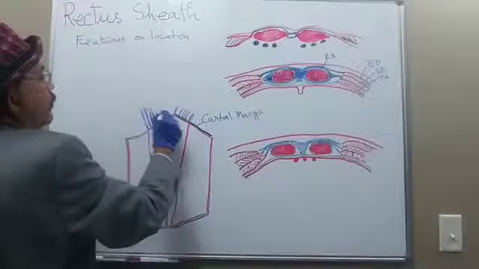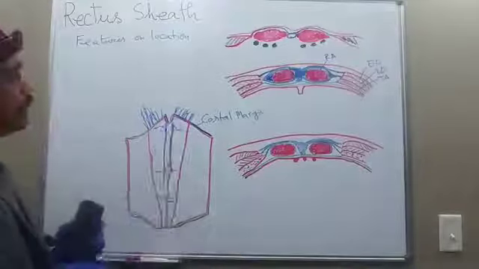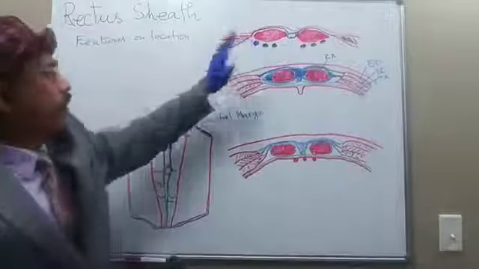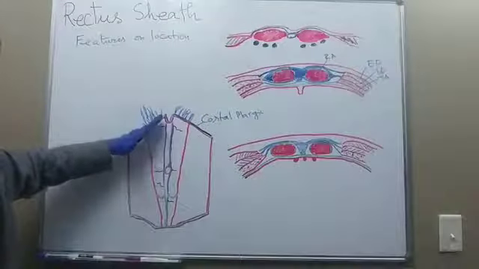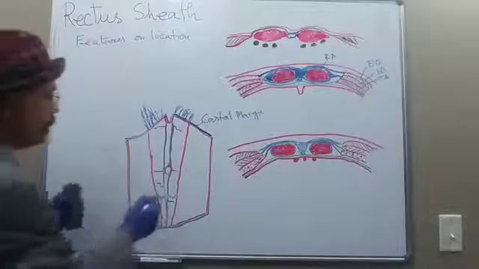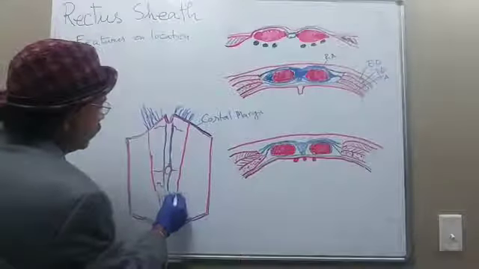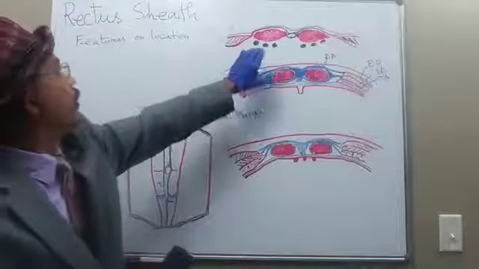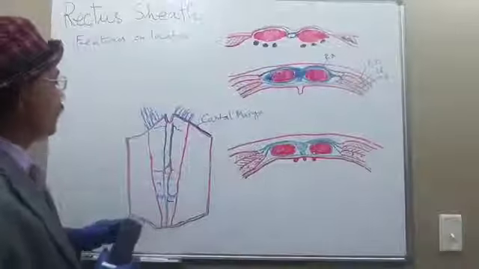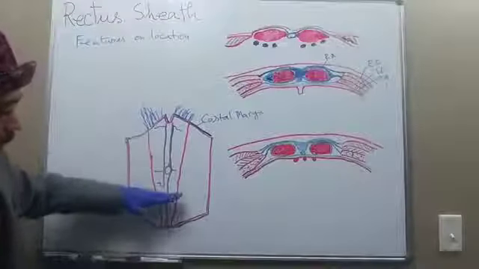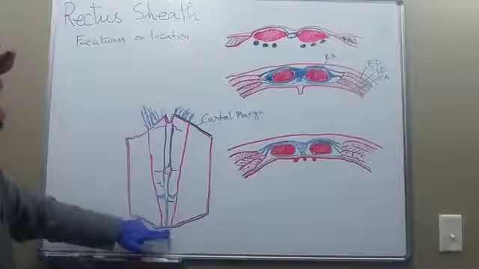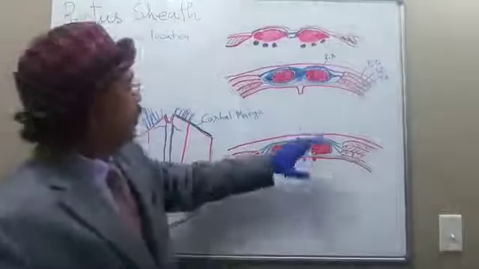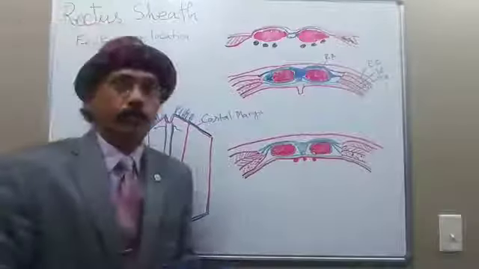So we got the rectus sheath above the costal margin like this. Then the rectus sheath between the costal margin and the arcuate line. This is the arcuate line here. Below the arcuate line, down to the symphysis pubis, will give a different feature. We'll go through that part.